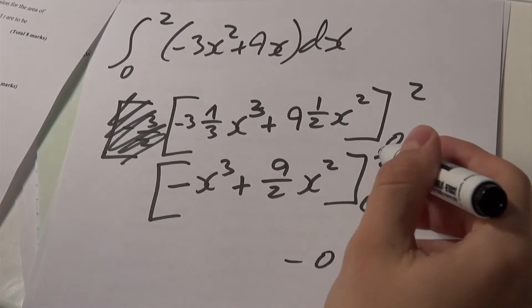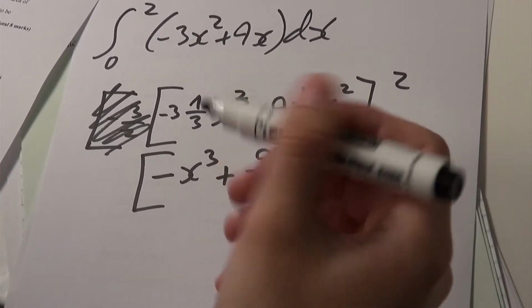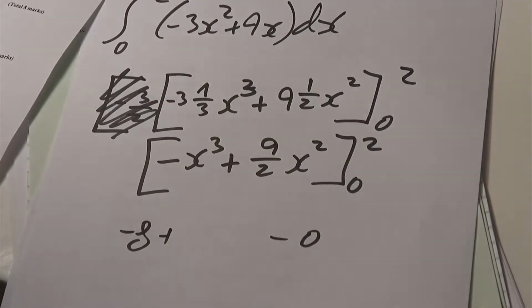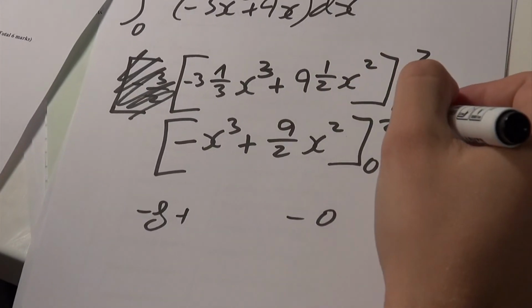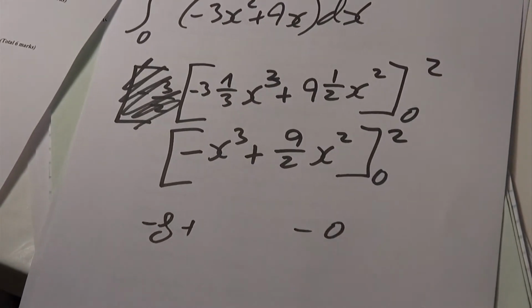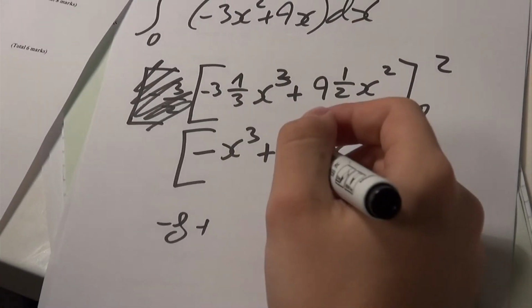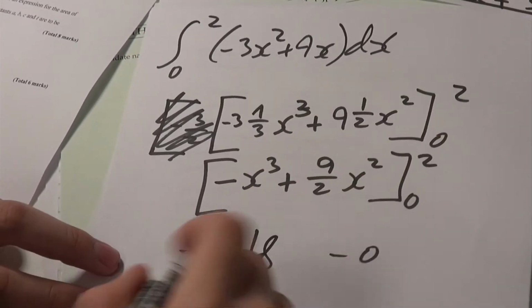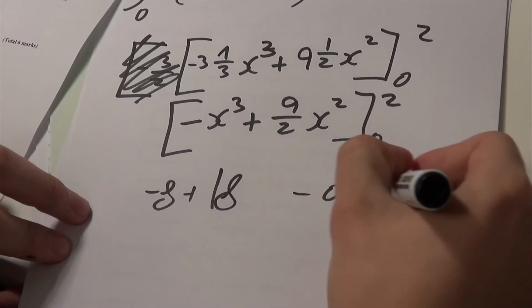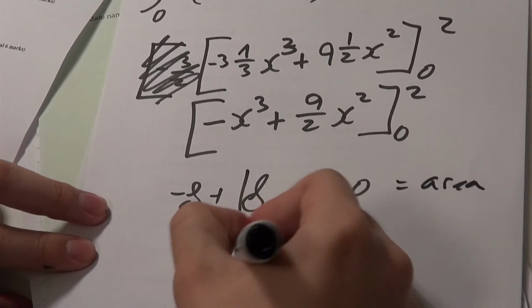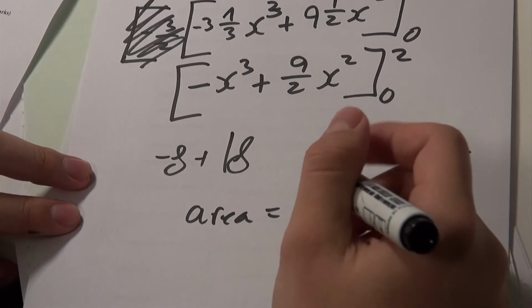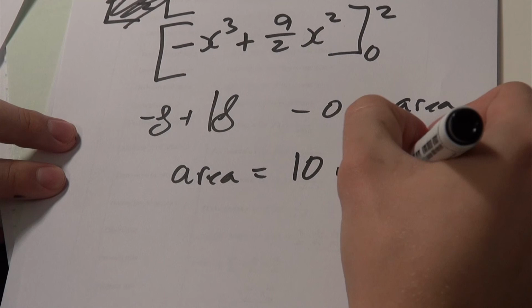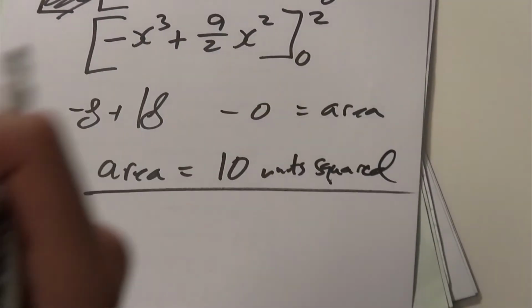So 2 to the power of 3 is 8, so it's -8. So it's -8 plus 2 squared is obviously 4. 4 times 4.5 is 18. So it's -8 plus 18 minus 0 is equal to the area. The area is equal to 10 units squared. Okay, thank you, that's it.